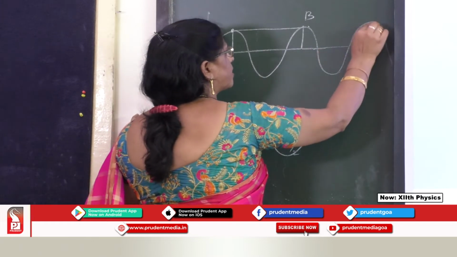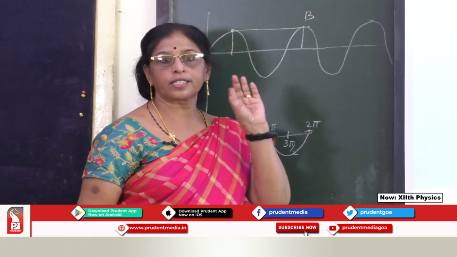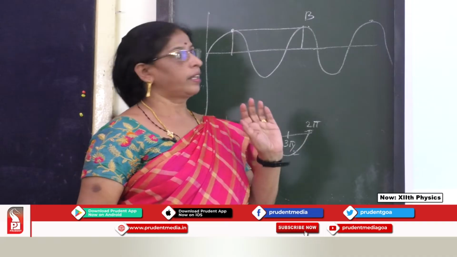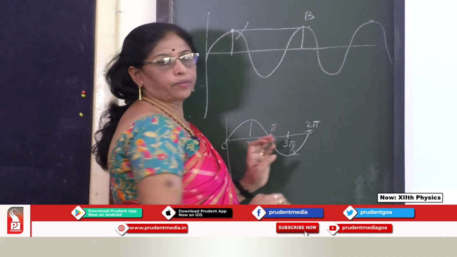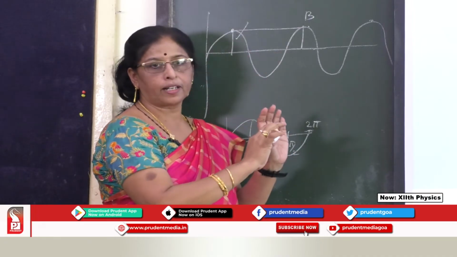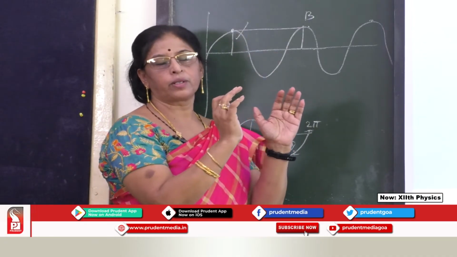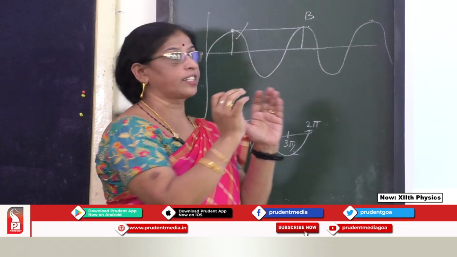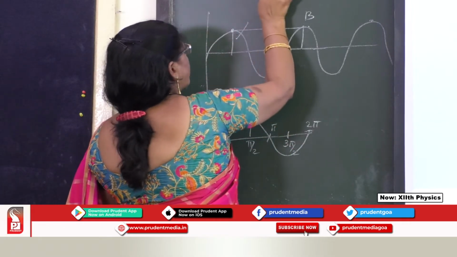This one is also in the same phase. Now, when you consider only one part of the wave, only the upper part or the lower part, we call it a wavelet.